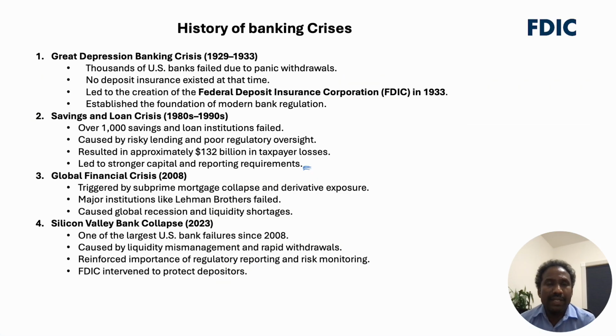If you go back 100 years, from 1929 to 1933, the recession happened. All banks went into crisis because people kept on withdrawing money from their banks, and if a bank doesn't have liquid amounts, it's too difficult to run the business.